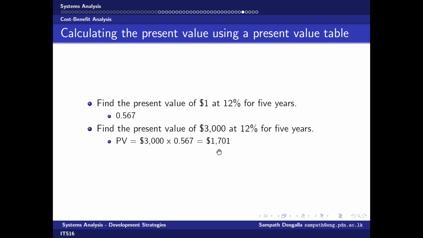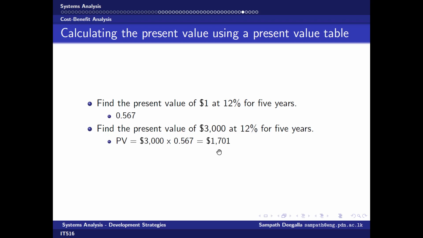So that you made the correction, right? What you have to have today. So you have to have 1,701 to get 3,000 by 5 years time with the rate of 12%.